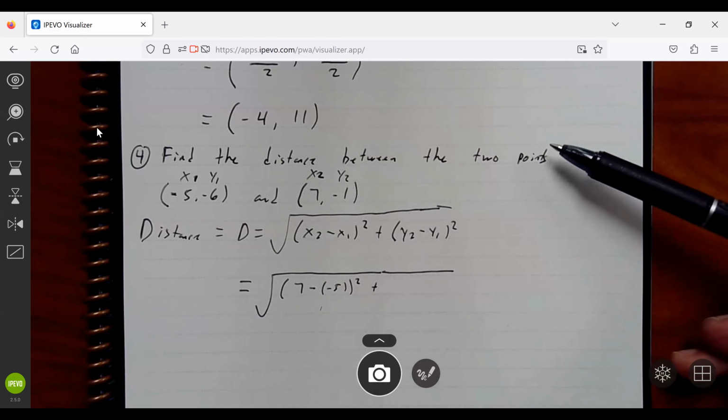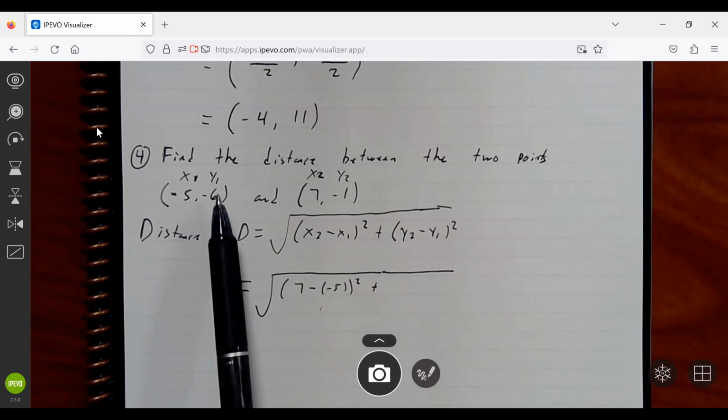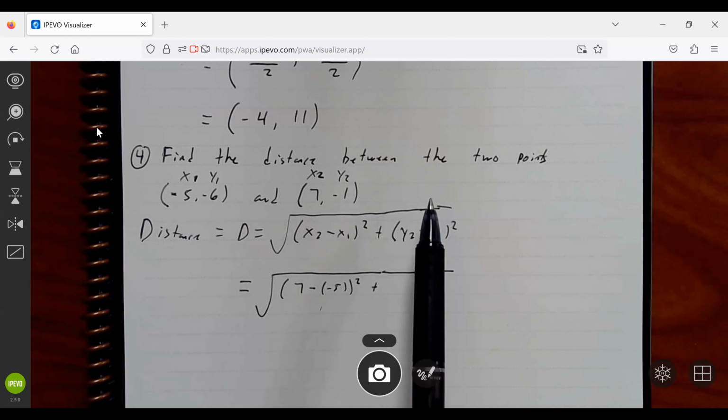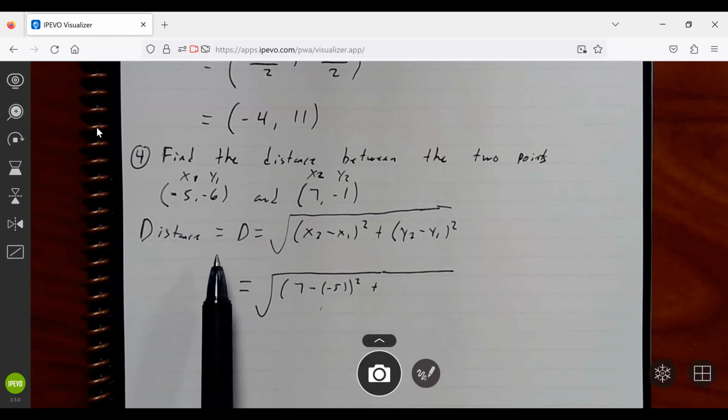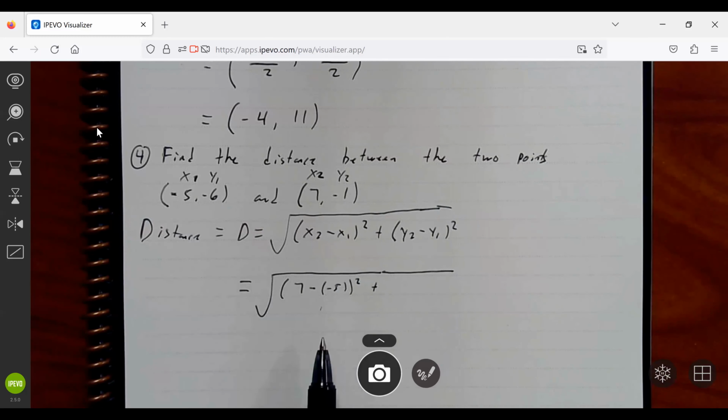Let's start from the top then. So find the distance between 2 points. Label them x1, y1, x2, y2 so you don't make a mistake. The distance formula is this guy. And then just plug it in. Just watch your signs and you'll be good. So plug in 7 minus -5, so built-in minus.